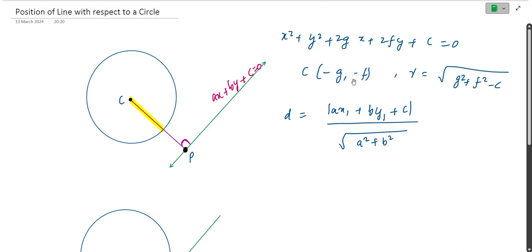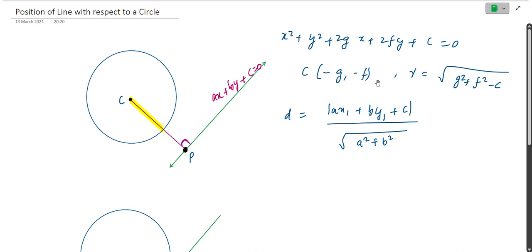The x1, y1 values are the coordinates of the point from which we are finding the distance, that means minus g, minus f. Substitute minus g in the place of x1 and minus f in the place of y1. We get the a, b, c values from the line equation. So the distance is known, and the radius, under root g square plus f square minus c, can be found from the circle equation.